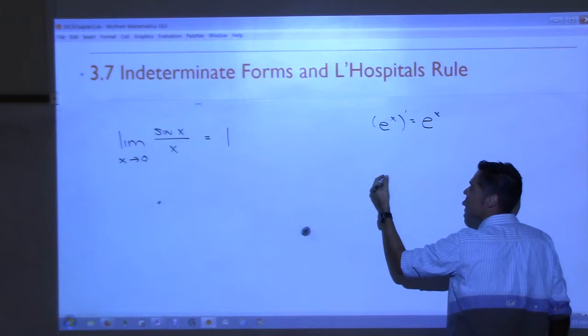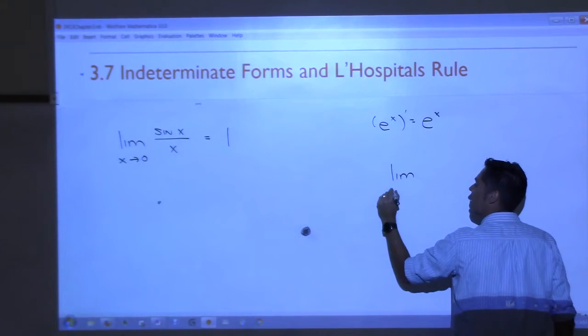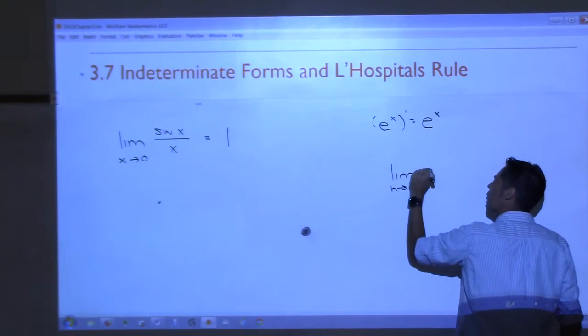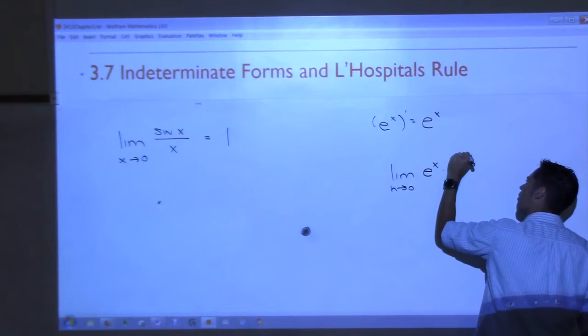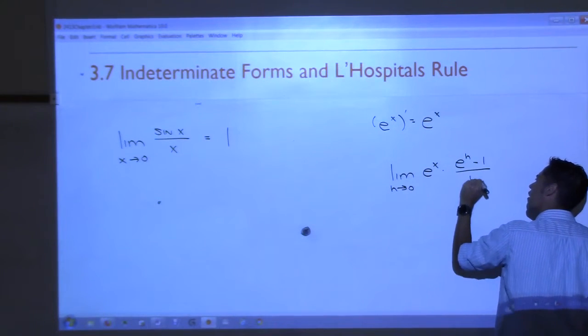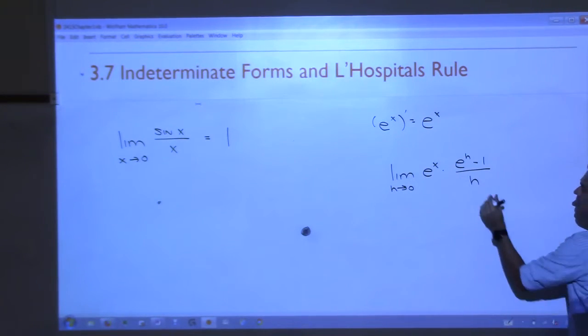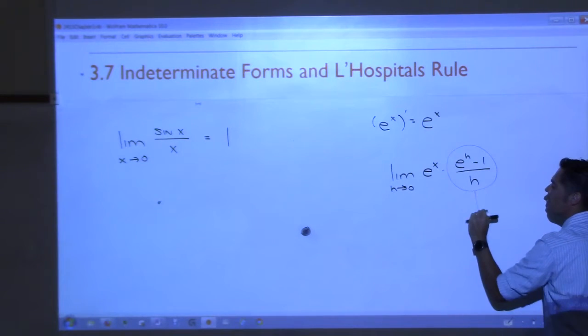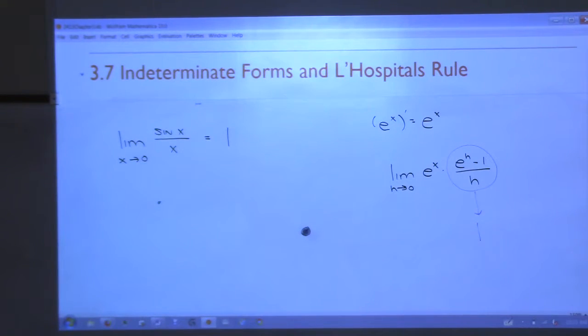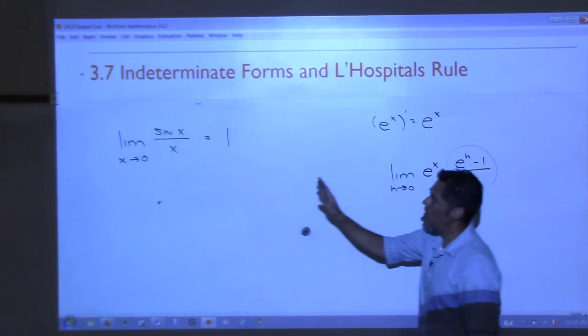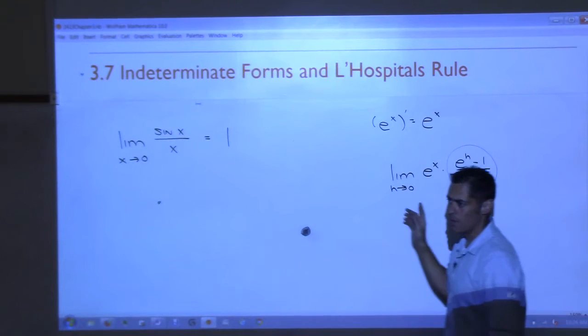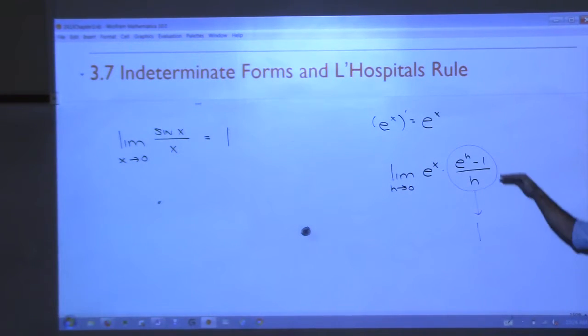I had worked it out and gotten to a point, if you look in your notes from last class, right here. I said that this goes to 1, and that I can't show you why that's true, but it does. So today with L'Hopital, I'm going to show you why this is true and why this is true. Here we had 0 over 0, and we couldn't figure out any algebra.